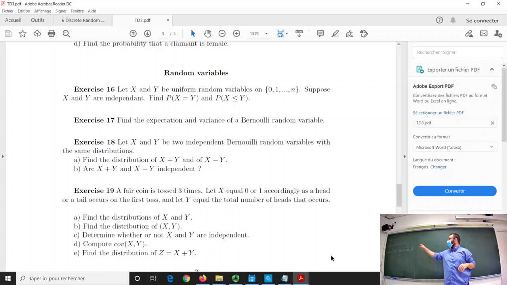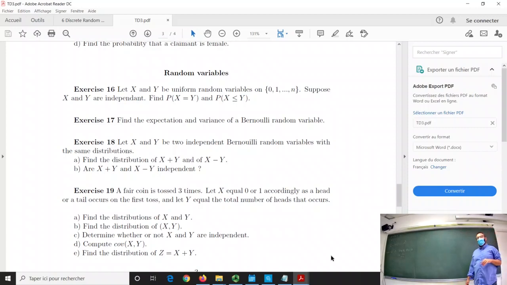How many elements here? n plus 1, not n. I start from 0: 0, 1, 2, until n. So be careful, 1 over the total number of elements, and here I have n plus 1 elements. It should be possible to do exactly the same exercise with the uniform on 1 to n, but it's not the question of the statement.